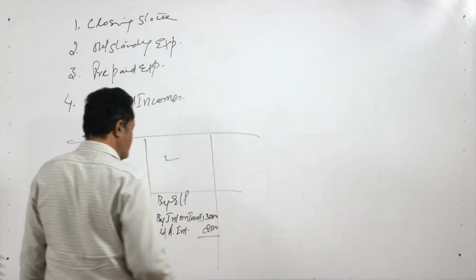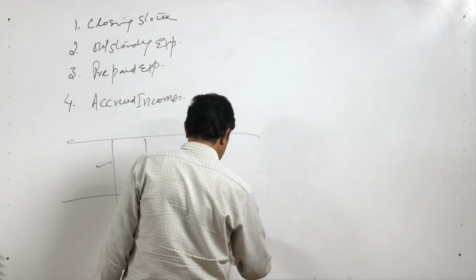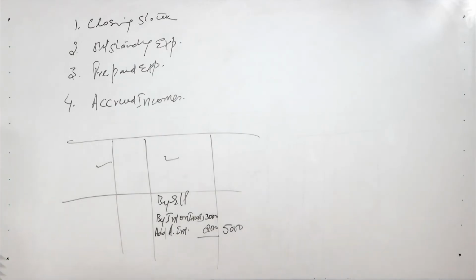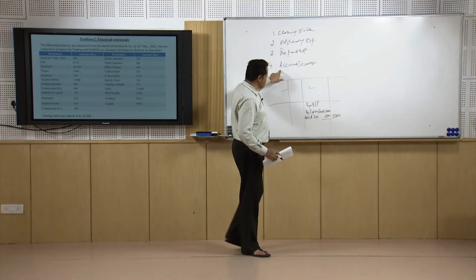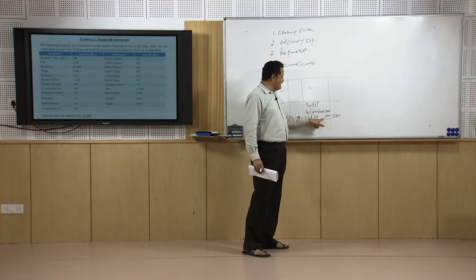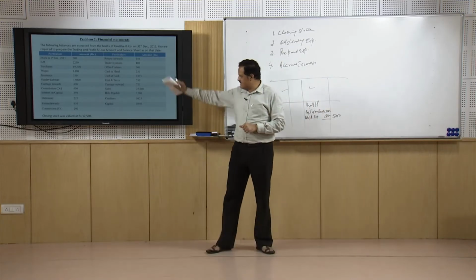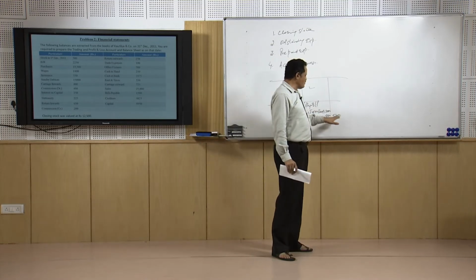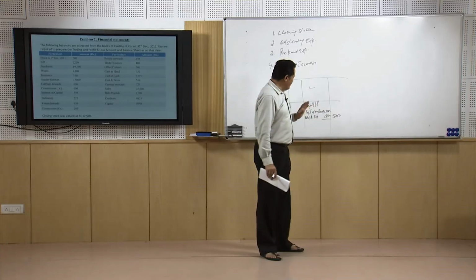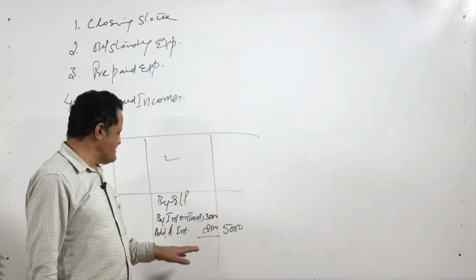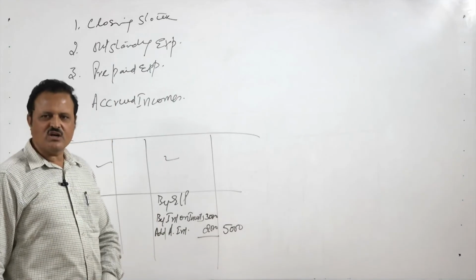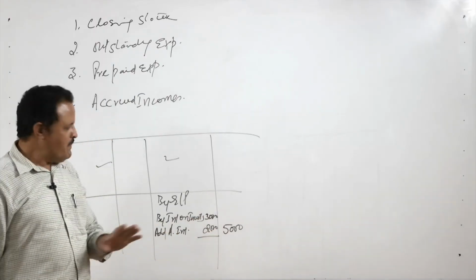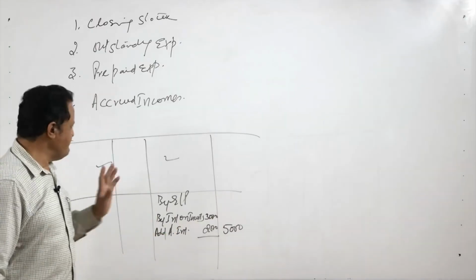So the total interest income will be shown in the outer column as 5000 rupees. One effect of the accrued interest is that you add the 2000 rupees to the major head of interest given here. So total interest income for this year from the interest on investments head is 5000 rupees, not 3000 rupees. 3000 rupees we have received, 2000 rupees we will be receiving, but we have earned it. So this is the first effect.